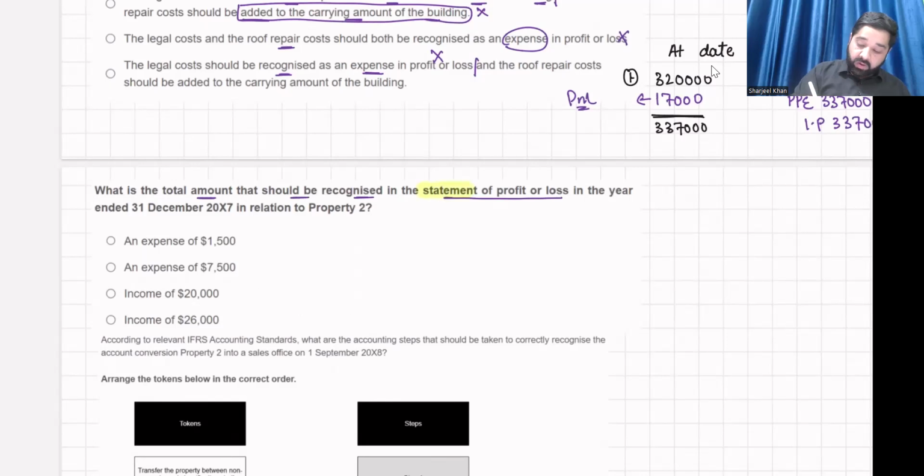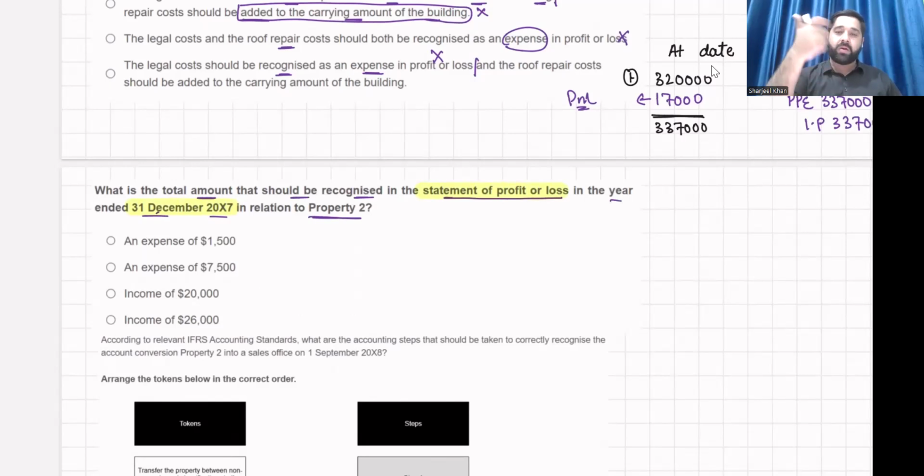in the year ended 31st December 2007 in relation to property 2. For the year ended 31st December 2007, let me highlight it for you guys, we have to find the amount which should be recognized in profit or loss. The elements of profit or loss are income and expenses.